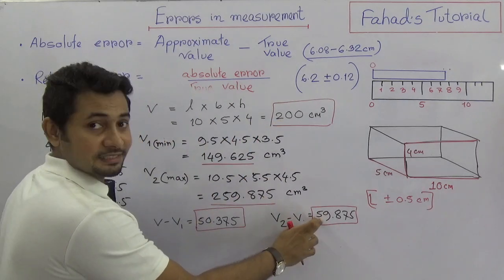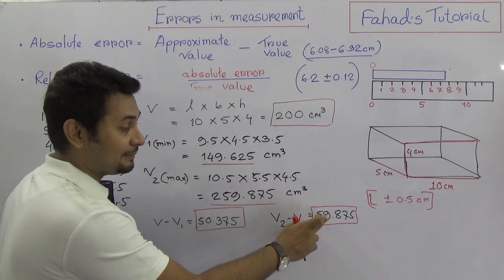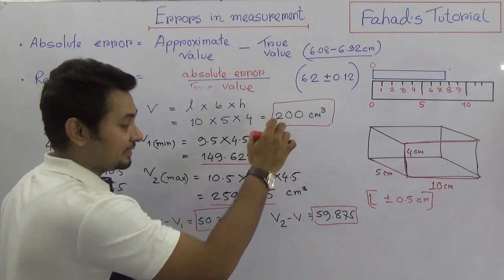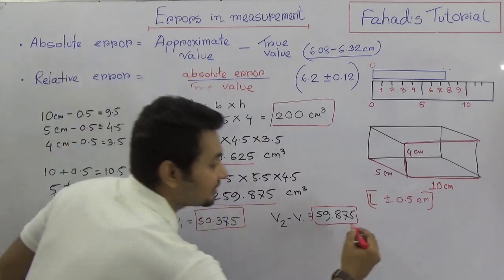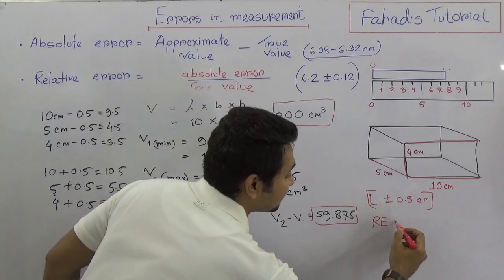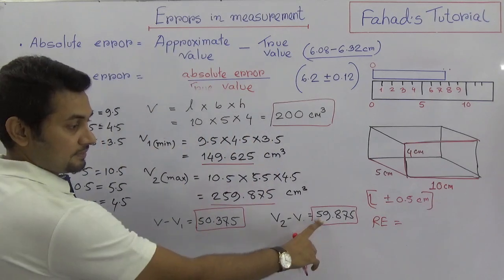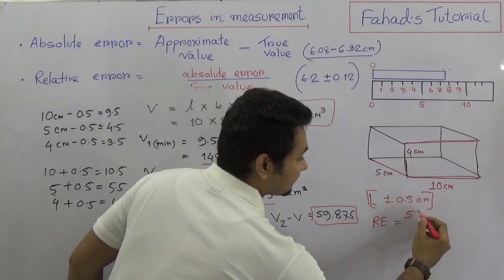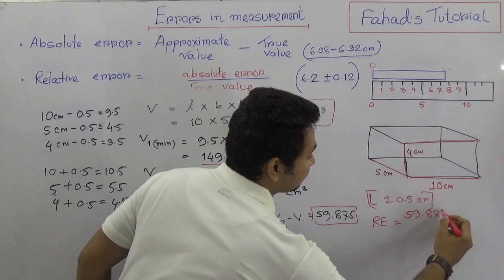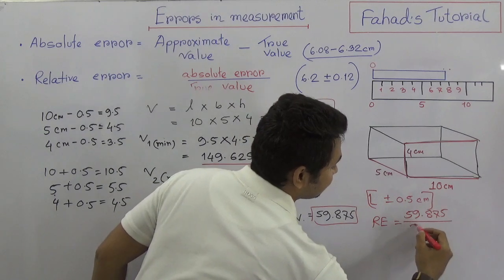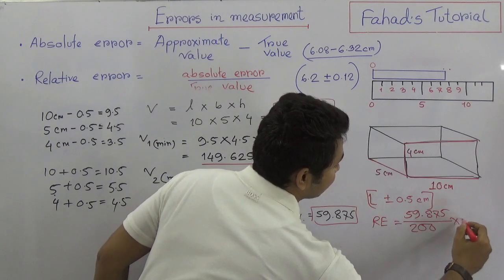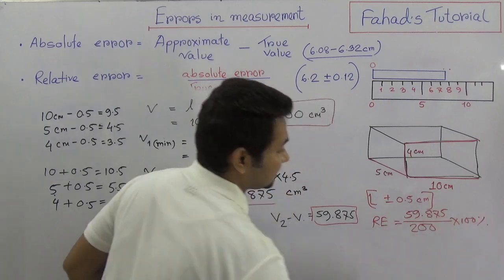So now this is my absolute error, and this is my measured value. So the relative error would be 59.875 upon 200 times 100%.